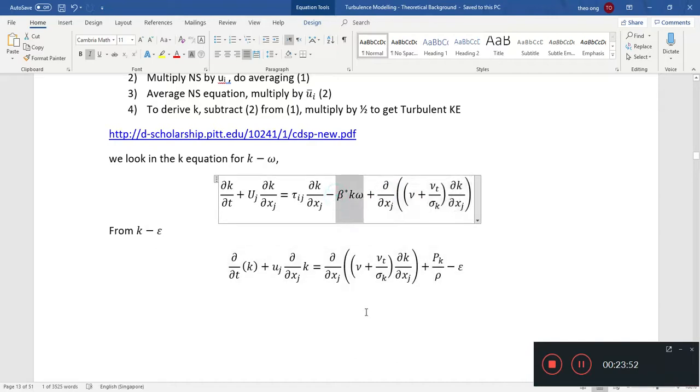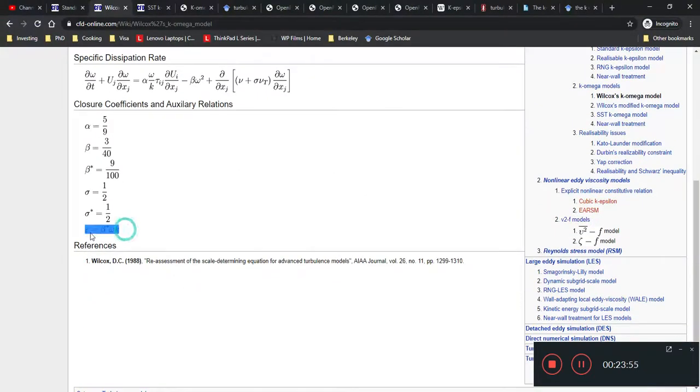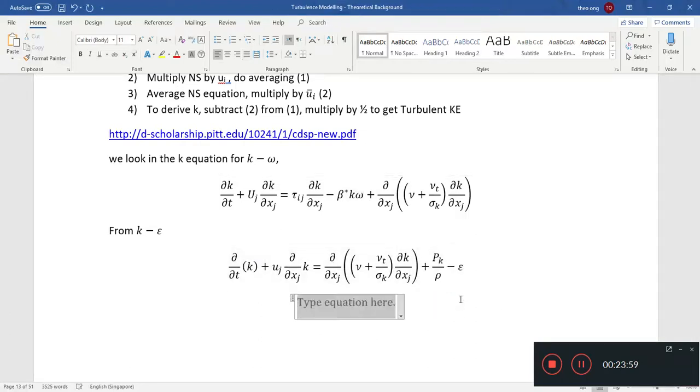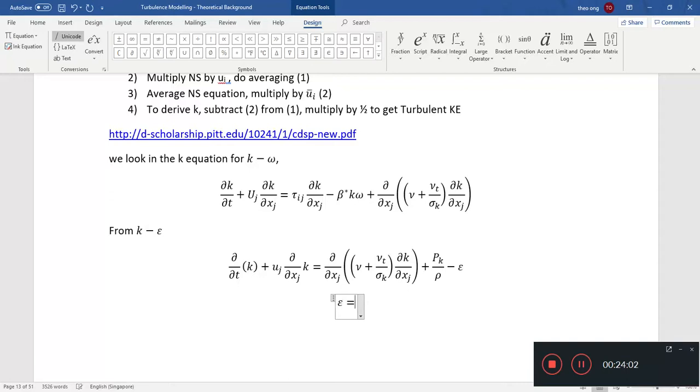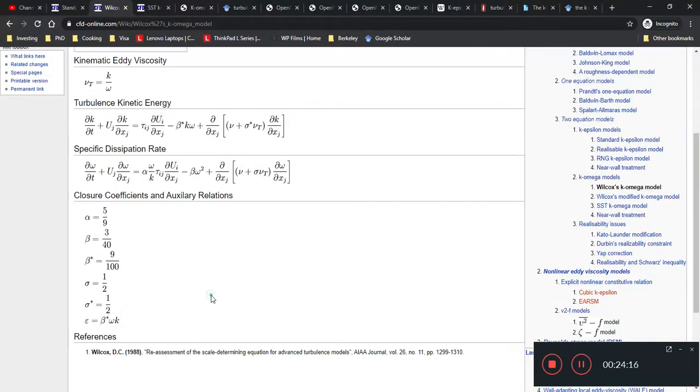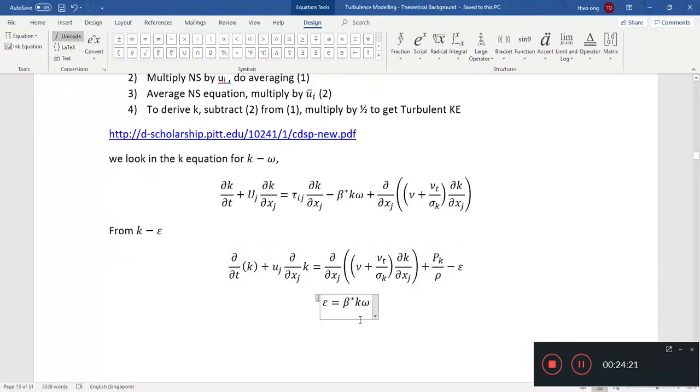This one, beta star K omega at the bottom here, this term is actually just epsilon. In this really weird formulation, omega is determined like this. I don't know why they have to do it like that, but this is the epsilon.